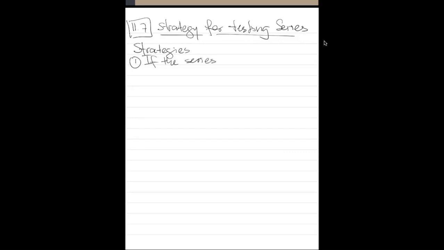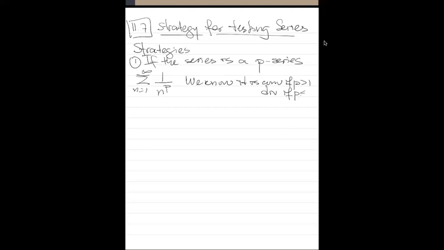If the series is a p-series, meaning it looks something like this, 1 over n to the p, we know that the p-series is convergent if p is greater than 1 and divergent if p is less than or equal to 1. So that's the first thing we look at. We classify what kind of series we're dealing with. If you recognize it's a p-series, then use what we know about it.